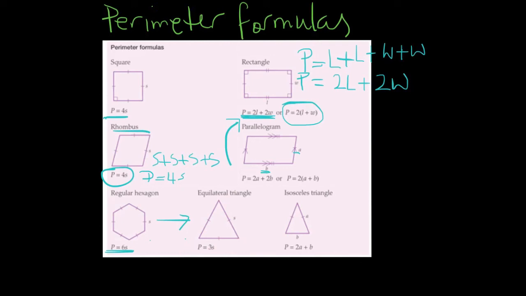Okay, so now the isosceles triangle over here is slightly different, because an isosceles triangle has 2 of its sides equal. One of its sides, the bottom side, is different.